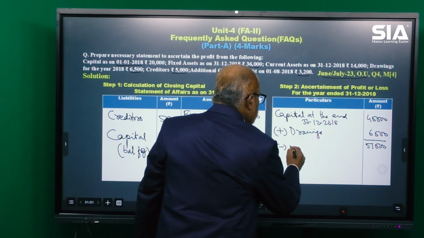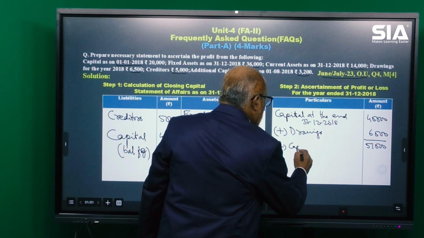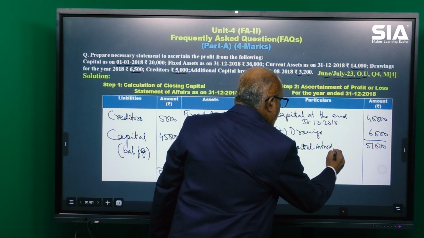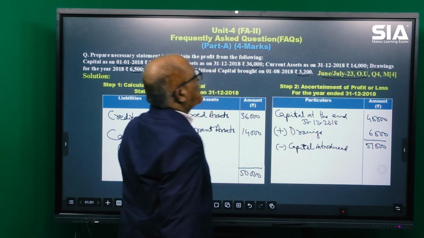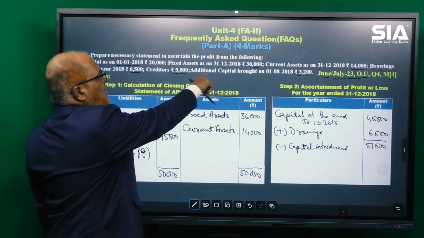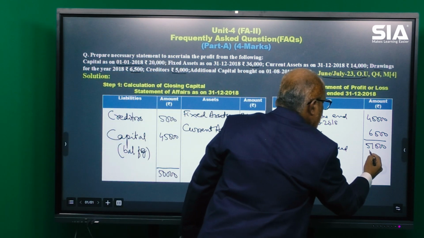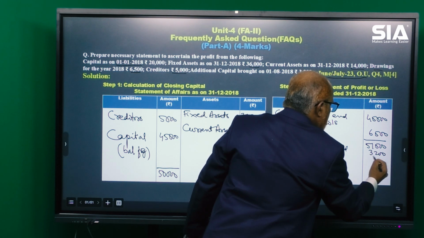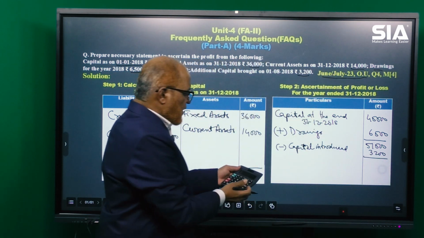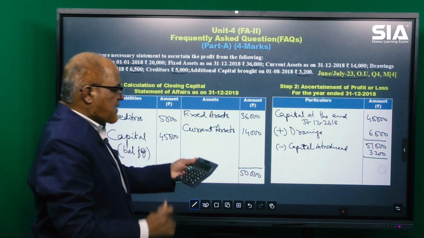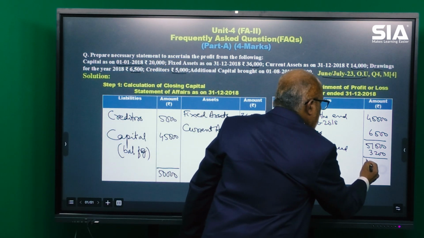Yes, it is given. Capital introduced during the year. Additional capital brought on 1st August is 3,200. So we are subtracting 3,200. 51,500 minus 3,200, you will get 48,300.